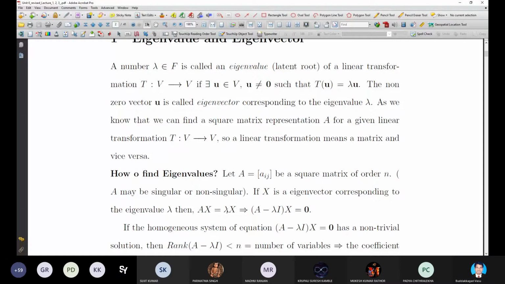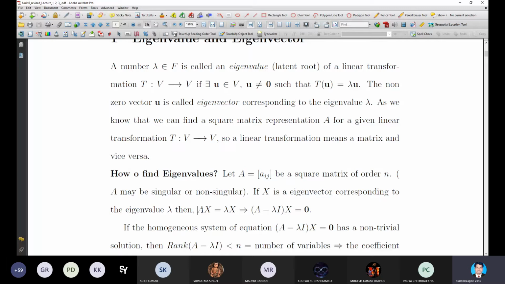Students, understand? The matrix equation Ax is equal to lambda x, where x is a non-zero vector. If it satisfies this matrix equation, then x is called the eigenvector corresponding to the eigenvalue lambda.